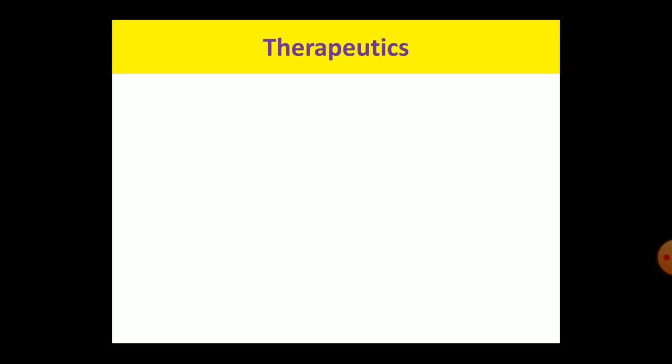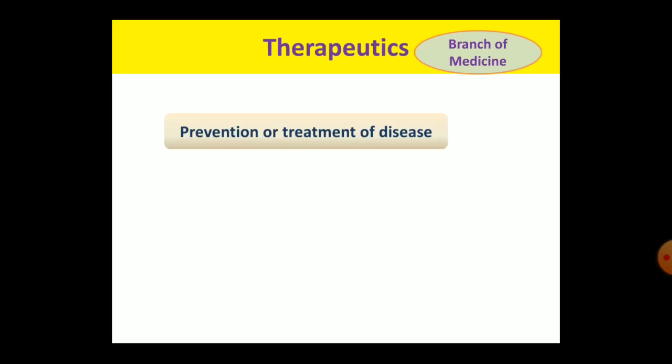Now actually this word therapeutics comes under the branch of medicine. And what is the meaning of therapeutics? It means the treatment of the disease or the prevention of the disease.